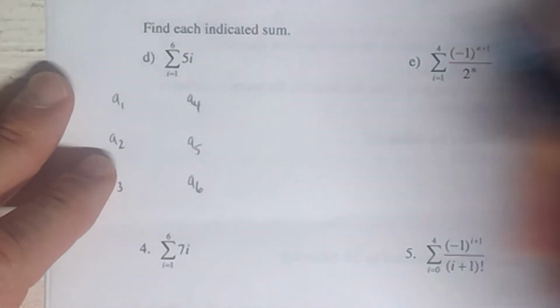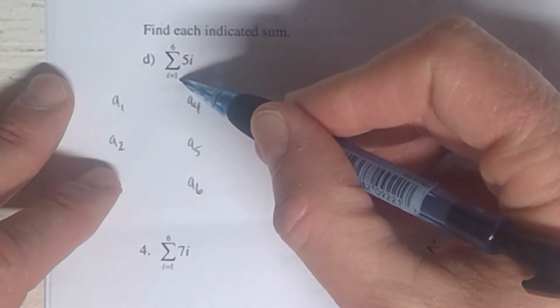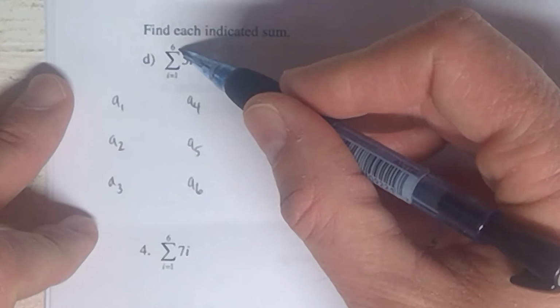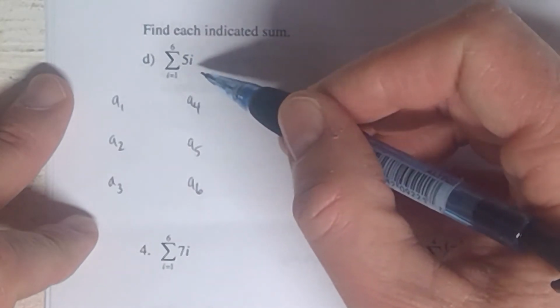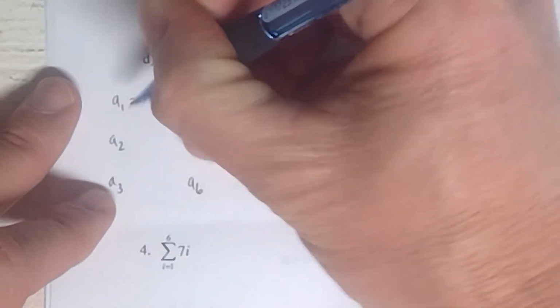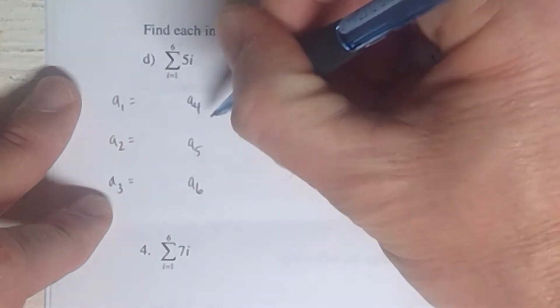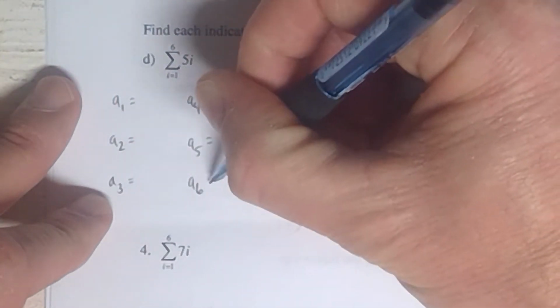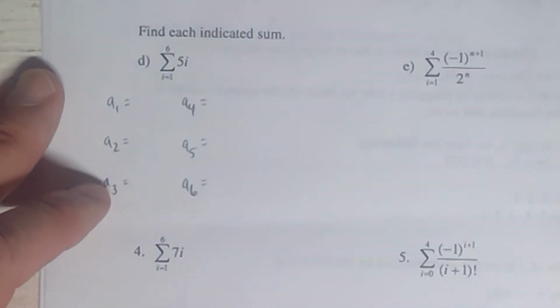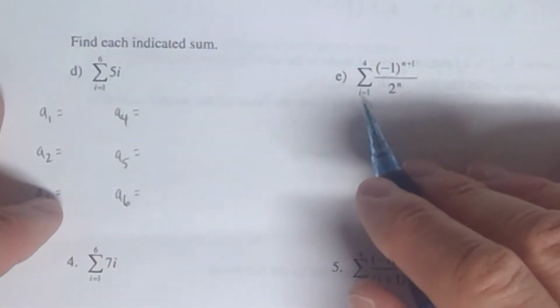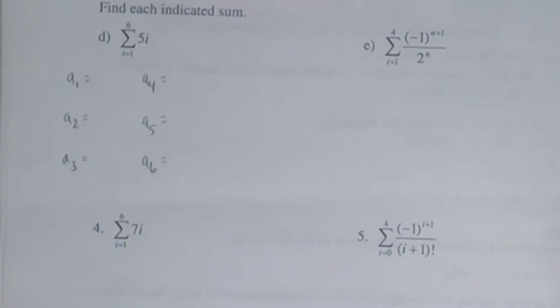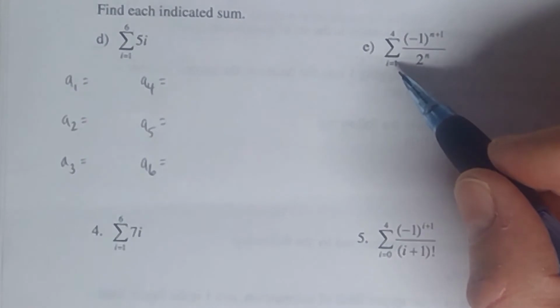It's very similar to what we just did, where you plug in a bunch of numbers, but you start out with this number to plug in, you end with that one, whatever those two numbers are. And then after you figure out what these things are equal to, you add them all up, all of them. For example, on the next one, see how it says 1 on the bottom and 4 on the top? That means you're going to plug in 1, 2, 3, and 4, and you're going to stop at 4.